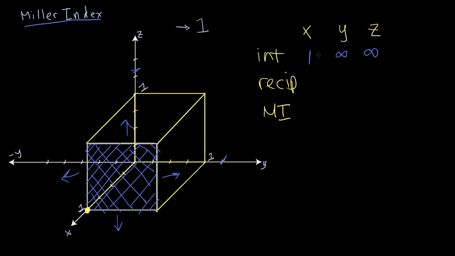So we have 1 in the x axis, infinity in the y and z axes. And we can just repeat our procedure as before. So we will take the reciprocals. We get 1, and then 1 over infinity and 1 over infinity.